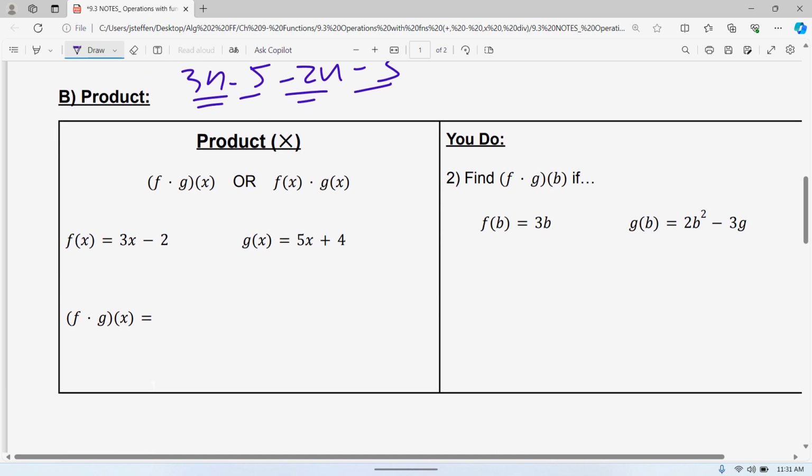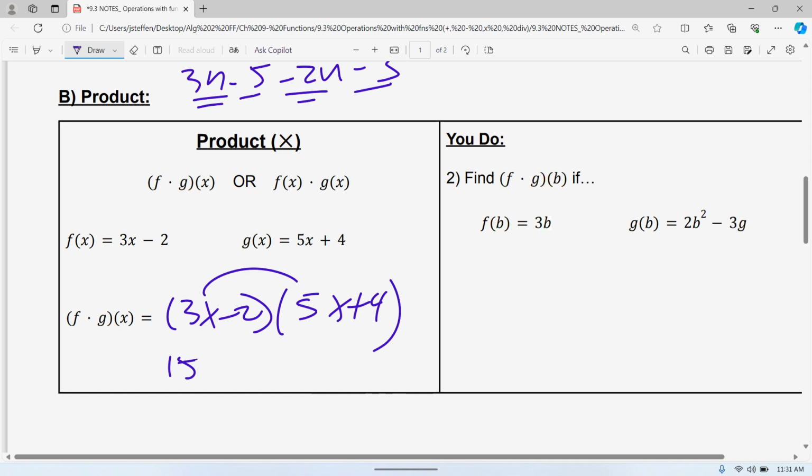Bell's going to ring in about a minute, but before you pack up, the product is the same thing. You're multiplying those together. So you'll take 3x minus 2 times 5x plus 4. And we multiply those like usual. So 3x times 5x is 15x squared. 3x times 4 is 12x.